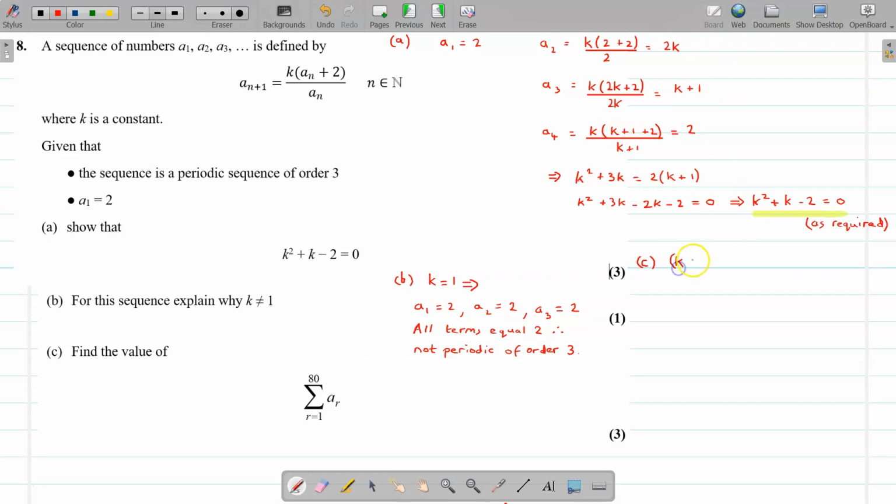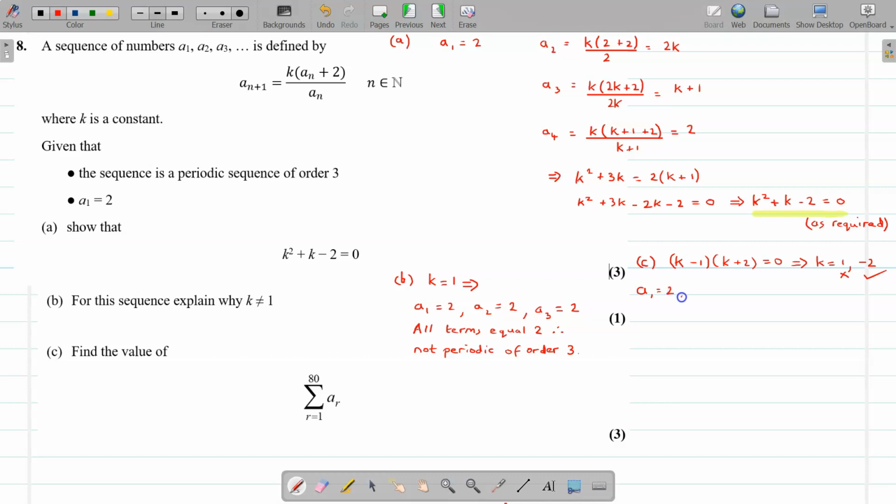So k minus 1 and k plus 2 equals 0 if you factorize it, which implies that k equals 1 or minus 2. Well, we know it's not 1 because we've just explored that, so we need to use the minus 2. So therefore, A1 is equal to 2.